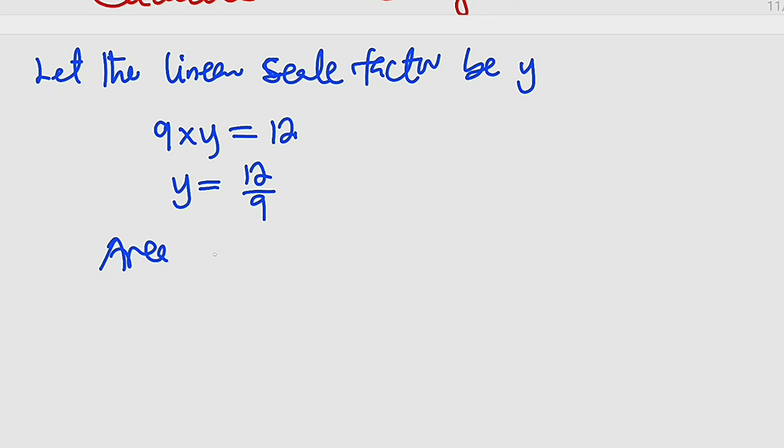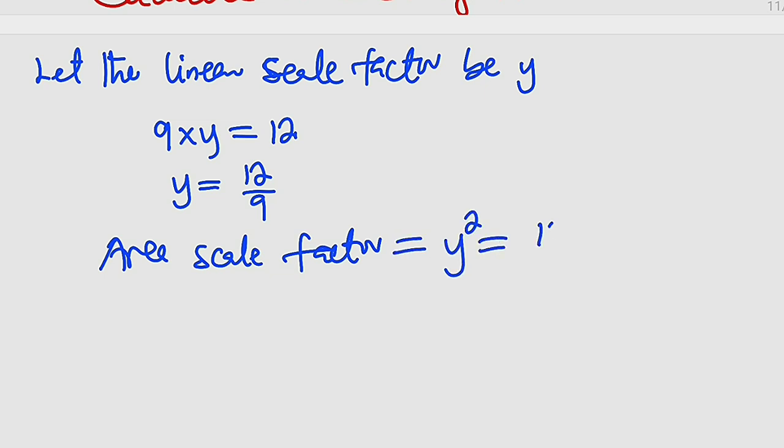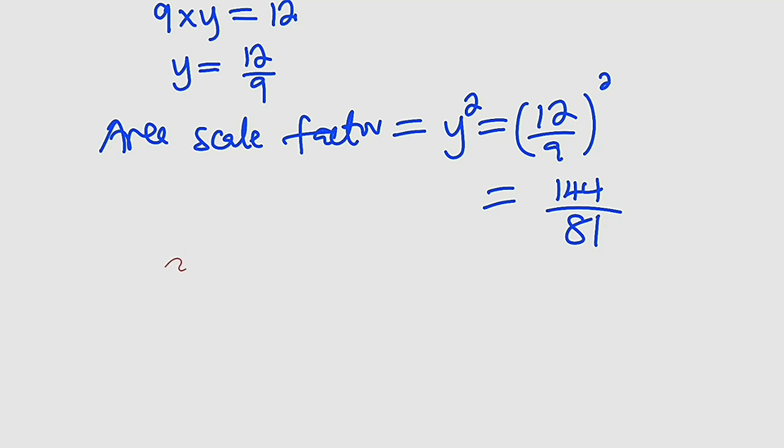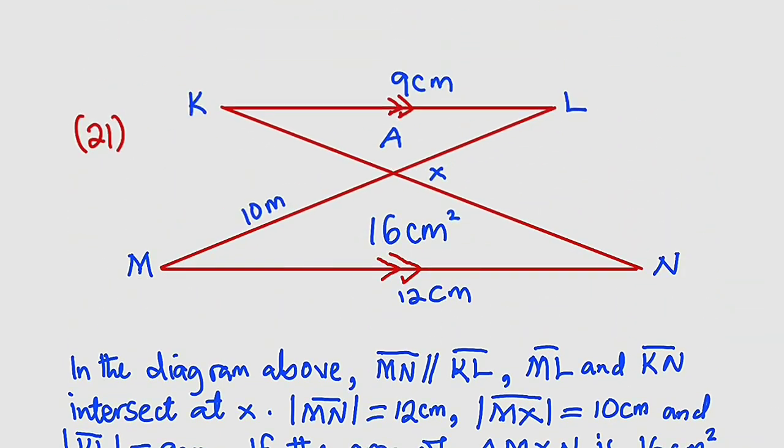So area scale factor would be Y squared, and Y squared is 12 divided by 9 whole squared, and 12 divided by 9 squared is 144 divided by 81, because 12 squared is 144 and 9 squared is 81. Therefore, this is our area scale factor. So if we take this area scale factor, we multiply that with our small area A, because I call it A.